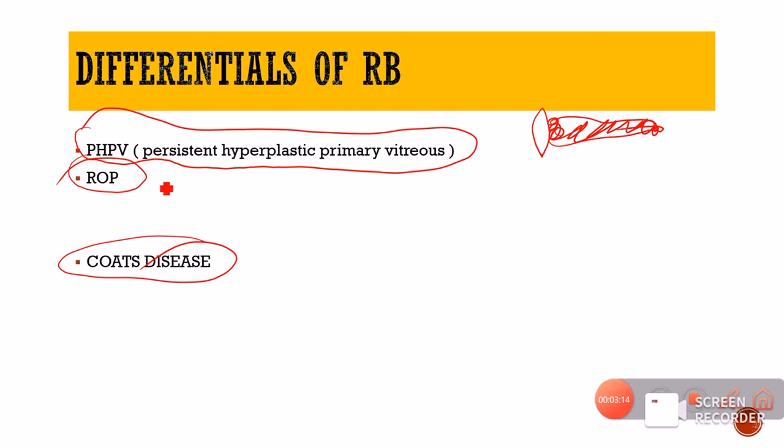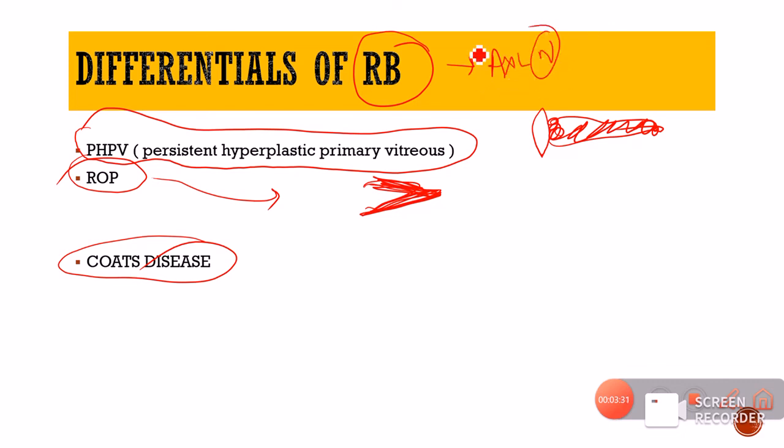Similarly, in retinopathy of prematurity, we might see a closed funnel RD as a sequela of ROP with some calcium deposits, so they might mimic a retinoblastoma. However, the difference is that in retinoblastoma the axial length is always normal, whereas in ROP and PHPV the axial length will usually be smaller for the age of the patient, right?